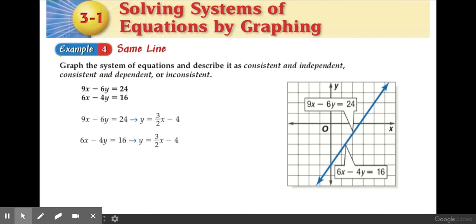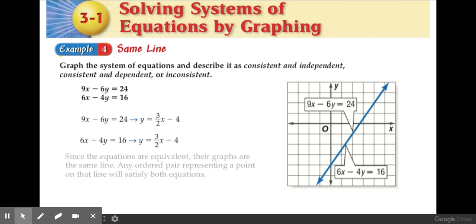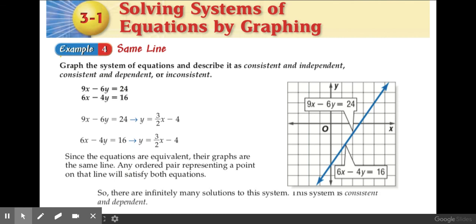Now, since it does have a solution and there are infinitely many of them, this is what's known as consistent and dependent. The system is consistent and dependent because it has infinitely many solutions, because the two equations are exactly the same, which means the two lines are exactly the same.